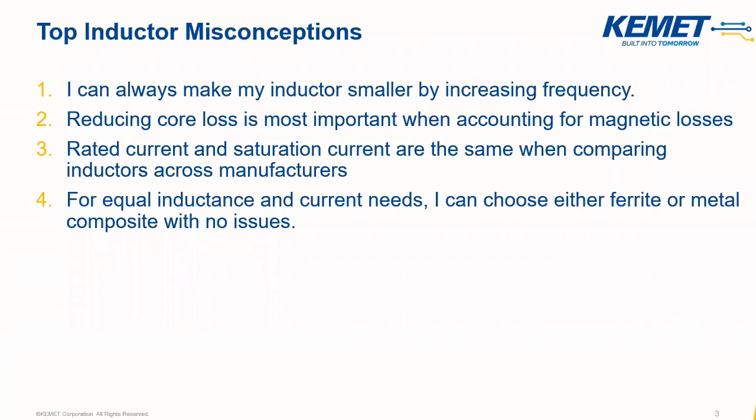Then the idea that rated current and saturation current are kind of the same thing when comparing across inductor manufacturers. And finally, the last myth we'll be clearing up is the idea that for equal inductance and current needs, you can sort of choose either ferrite or metal composite inductors with no real issues.